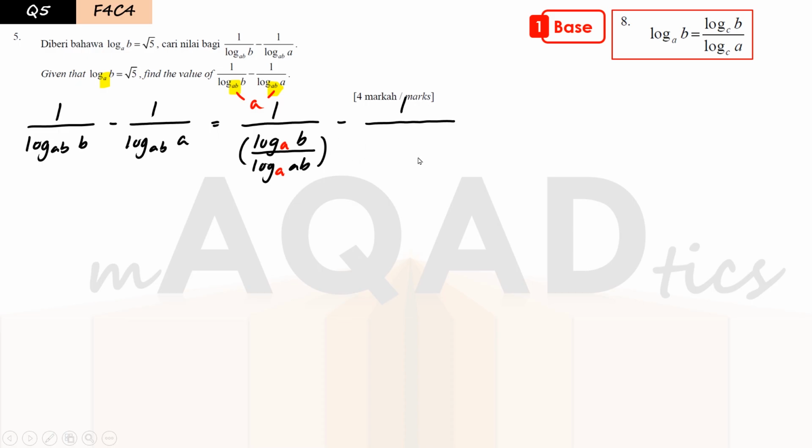Same thing as well for the second logarithm. A would be the value of the log, so we're going to put it on top, and AB is the old base, so we're going to put it at the bottom. And for the base that we have chosen, A, we are going to put the A here. Now you can see that this fraction is a bit confusing, because there's a fraction under a fraction.